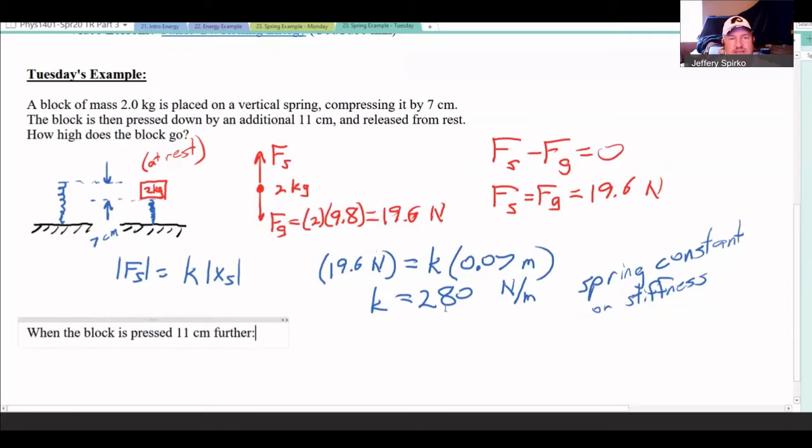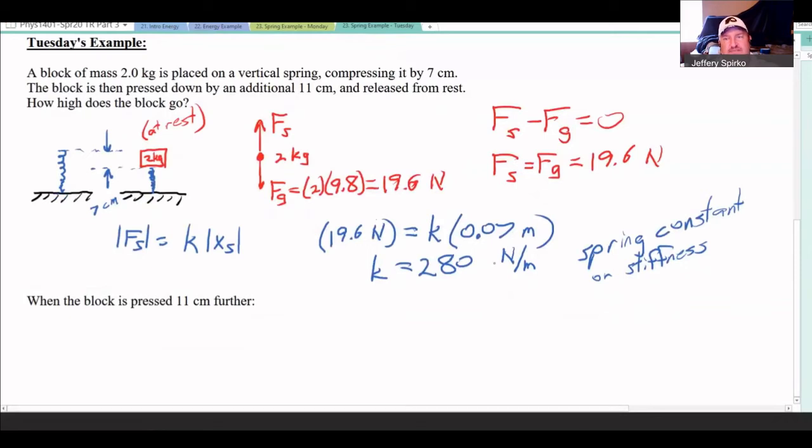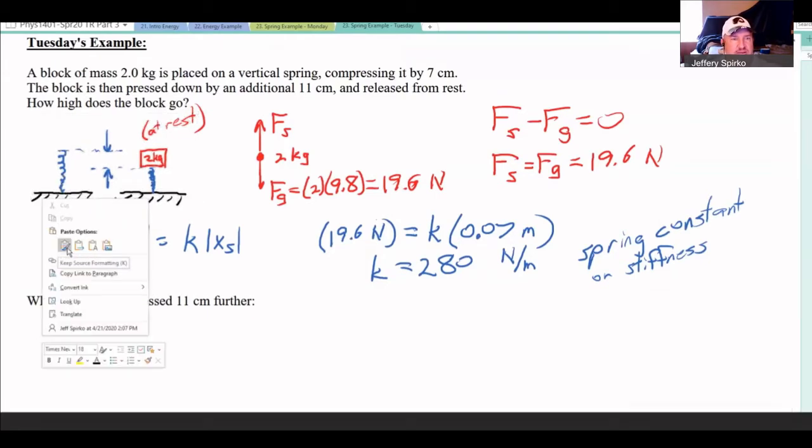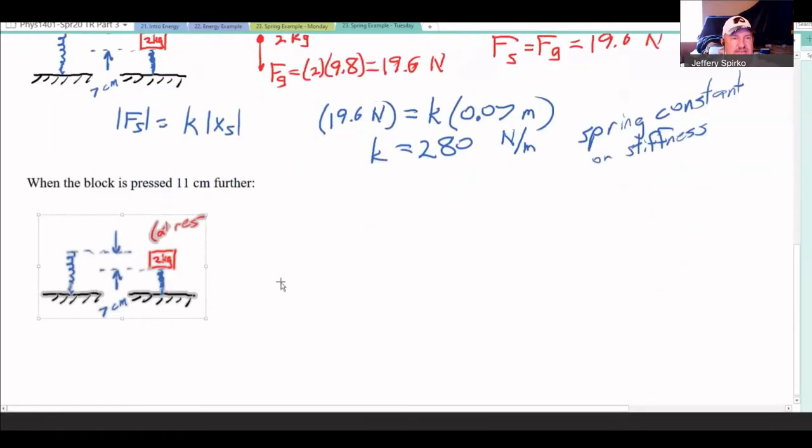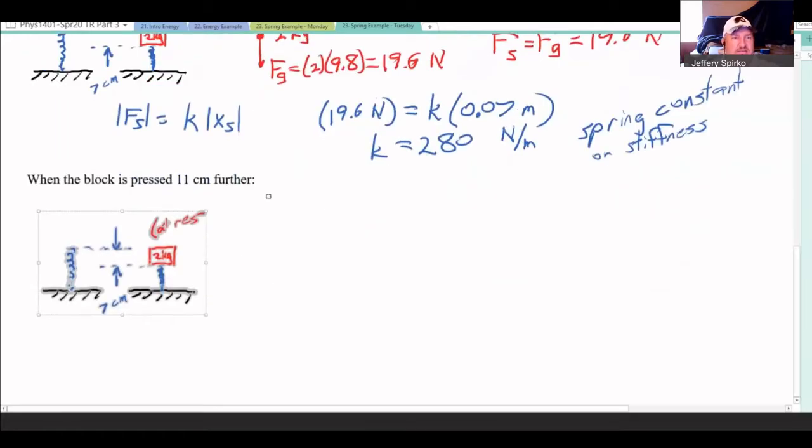Now, what happens when the block is pressed 11 centimeters further? So now we're going to have a kind of a third diagram. Let me grab these things here and paste that and get rid of some stuff up here.